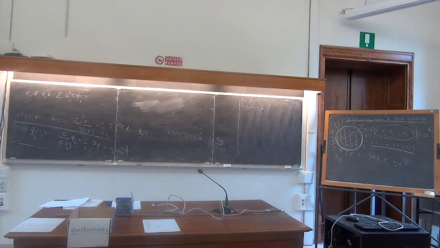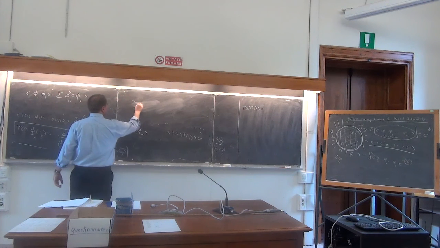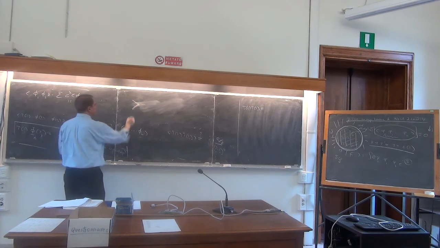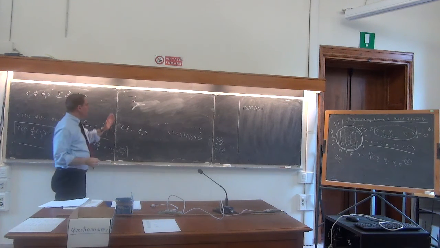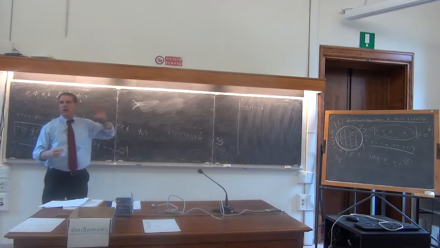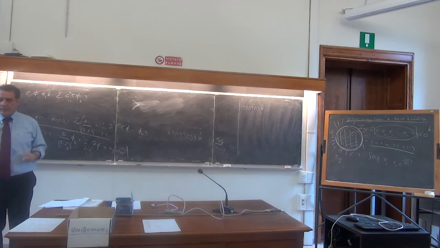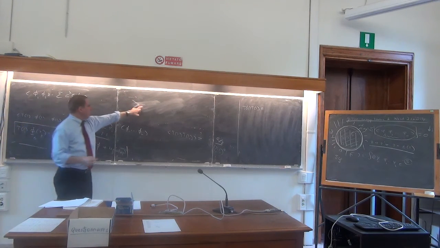What you have to imagine is that when you are fusing two objects into a third one, there is some kind of flow where there is conservation of charges. Okay?